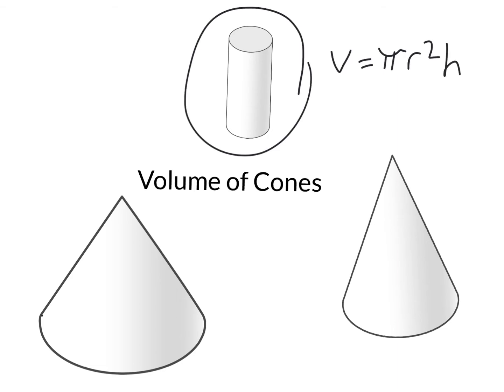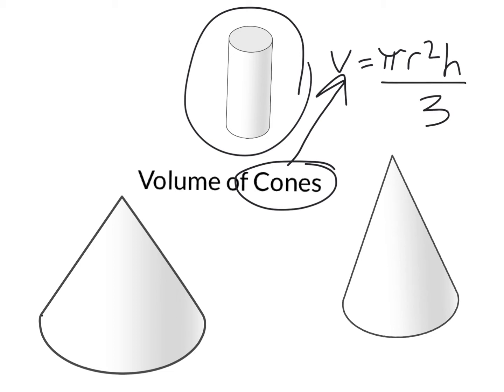Now, what's interesting about cones is that cones use this same formula, but just divided by 3. Essentially, a cone is 1/3 of the volume of a cylinder with the same radius of the base.